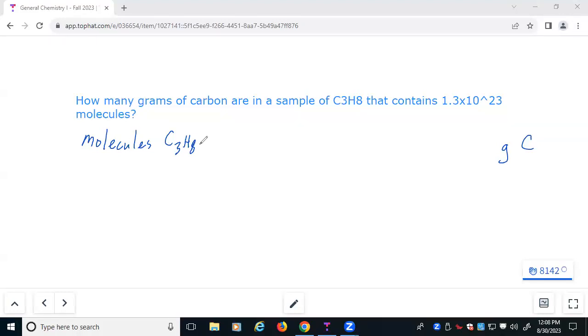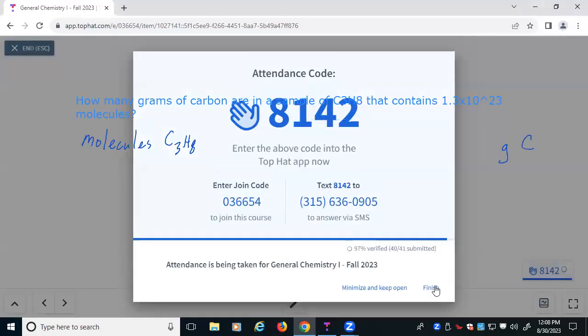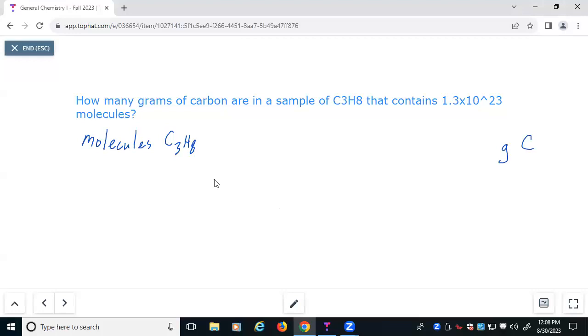But they're all going to center around a couple of key ideas. I need to turn the particles into moles, and I need to turn the moles into grams. Those are the calculations that you learned how to do last time. So nothing different or strange there, just maybe a slightly different order of things.